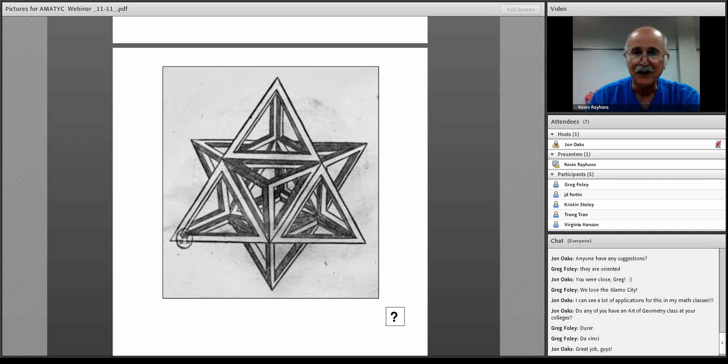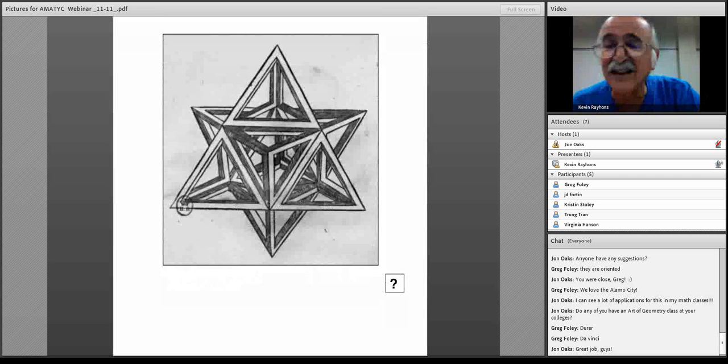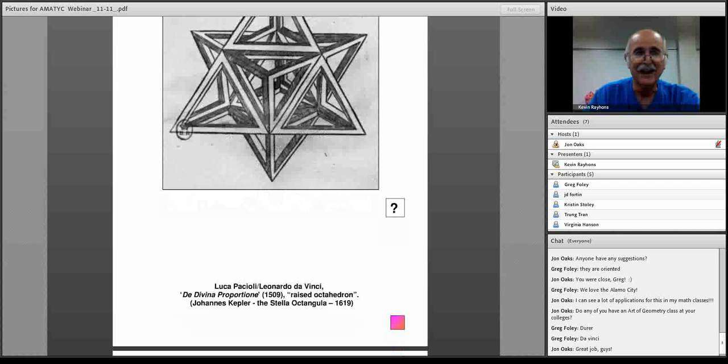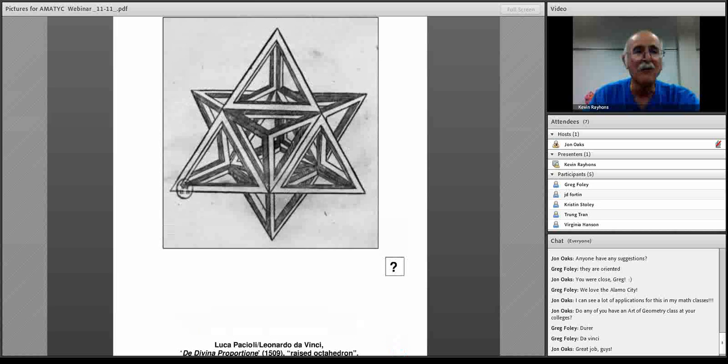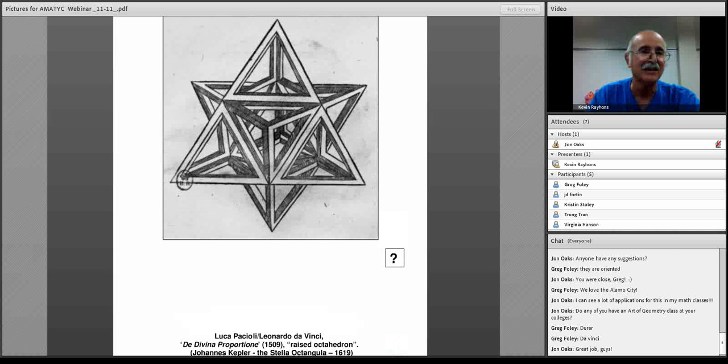Now Leonardo had a friend, and his name was Luca Pacioli. They were buddies. Luca Pacioli was a mathematician, and he was writing a book about math. The name of his book was De Divina Proportione. The drawing was made in 1497.